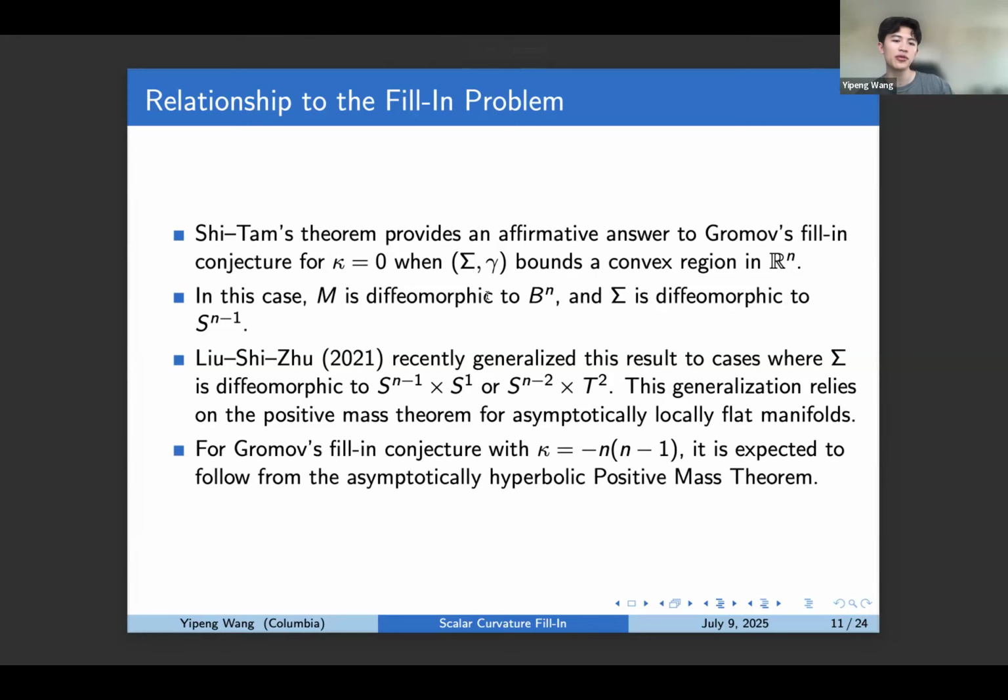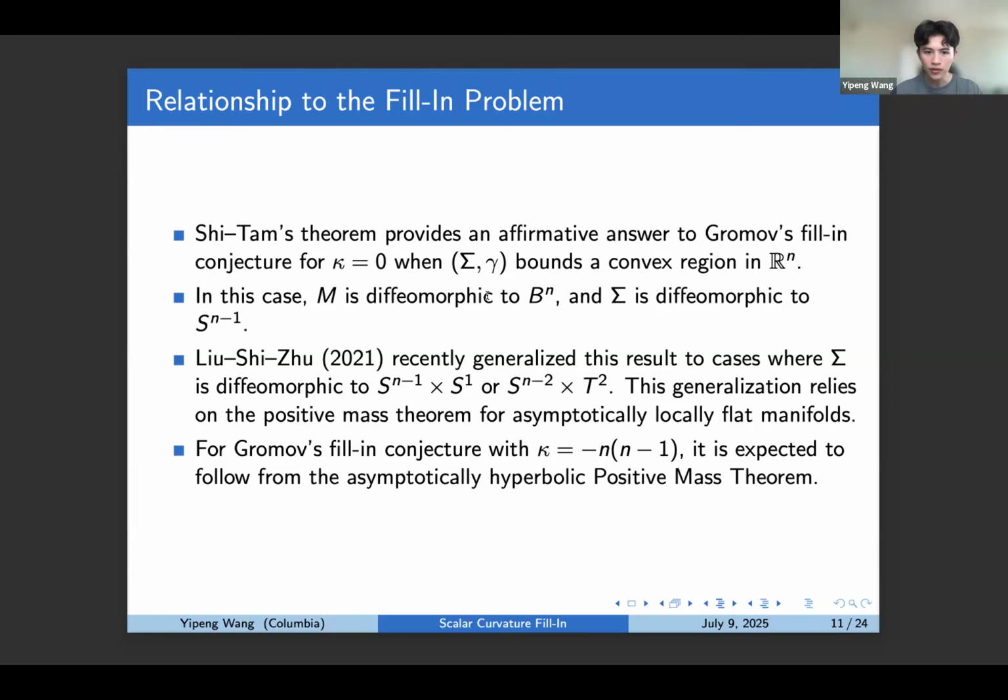Namely, it will give you the filling conjecture when you look for non-negative scalar curvature fill-in. So the conclusion is that the integral of the mean curvature will always be bounded by the integral of the mean curvature if you just fill in by the Euclidean data. So that gives you the upper bound.